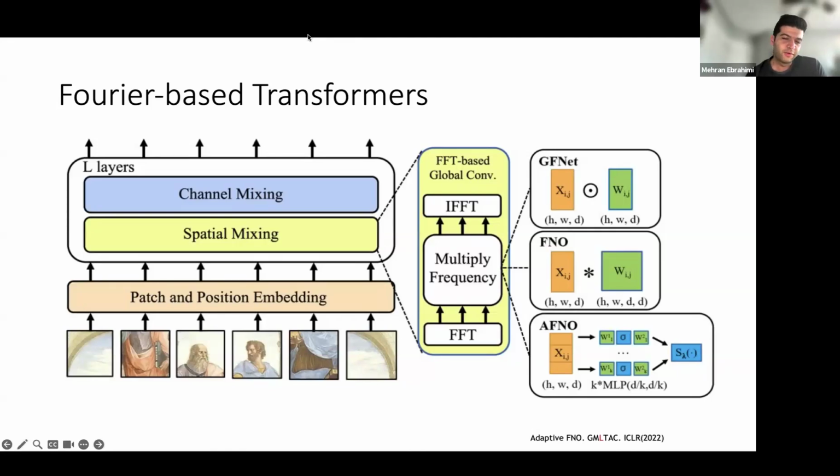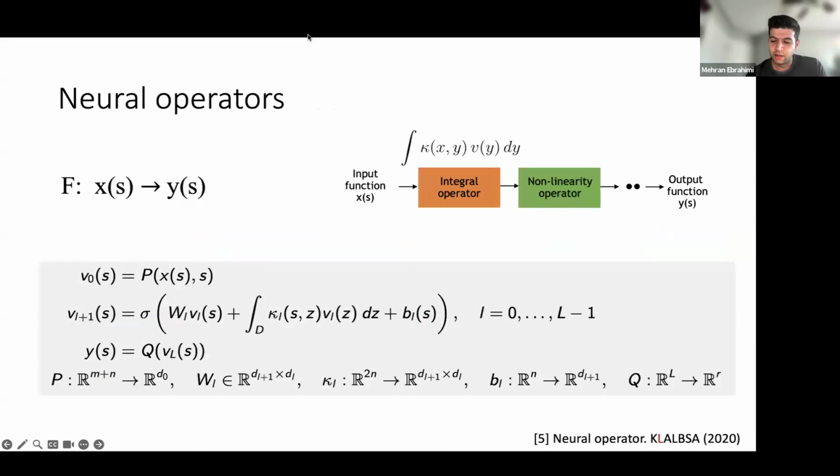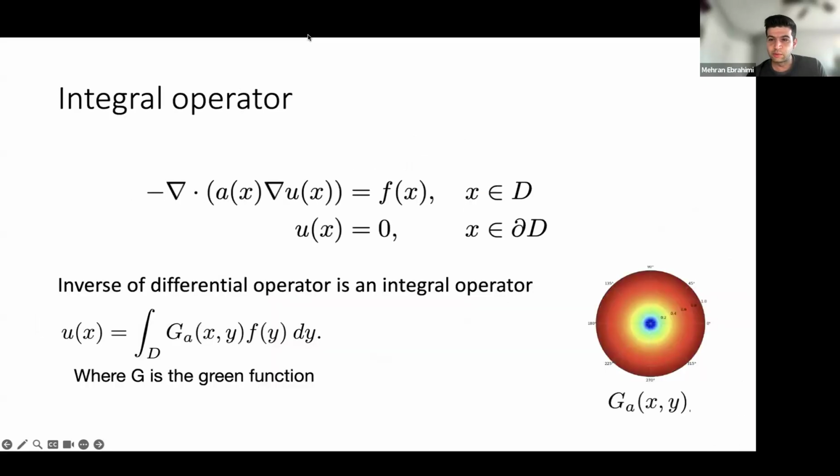So a few slides back, when you were introducing the integral operator, you mentioned that the solution can be expressed using the Green's function. So I was wondering, can we represent the solution of any PDE using this integral operator, or only just elliptic PDEs can be represented like this?